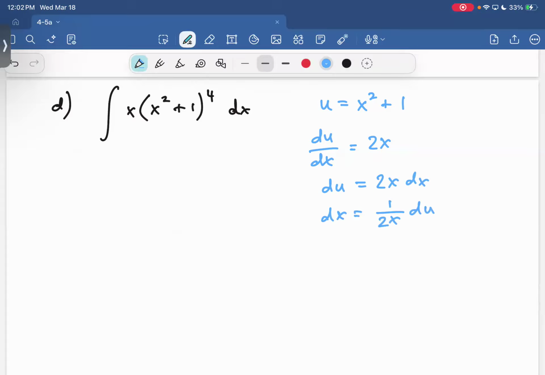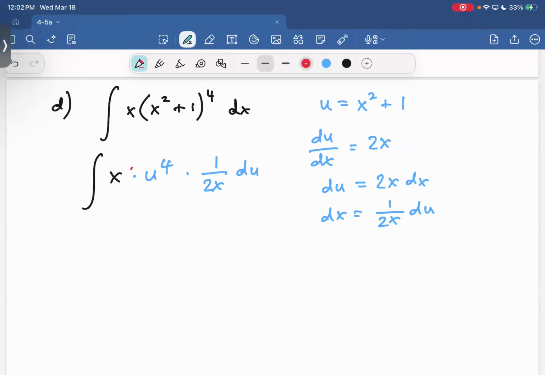And then notice how if I plug in this dx, this 2x here is actually going to cancel out with this x, and it gets rid of that complicating factor. That's why I wanted to choose that in the first place. So if I make this substitution, it's going to become x times u to the 4th times 1 over 2x du.